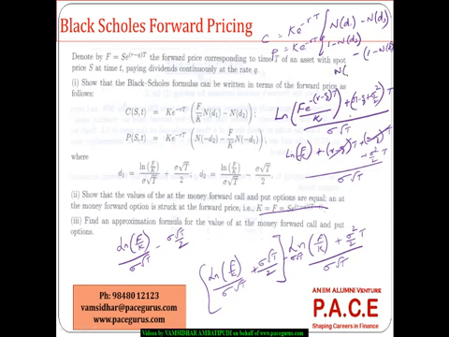So it's again working out as N of d1 minus N of d2 only, which means in case the forward price K is S into e power (r minus q) times t, the price of the call option as well as the put option are going to be equal, and that value is going to be K e power minus rt times N d1 minus N d2.